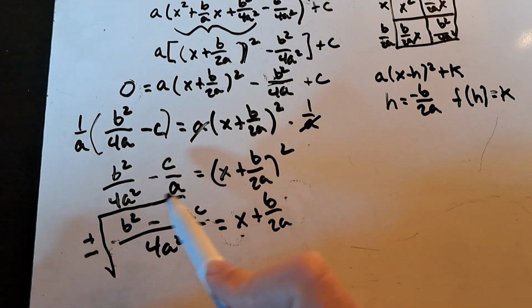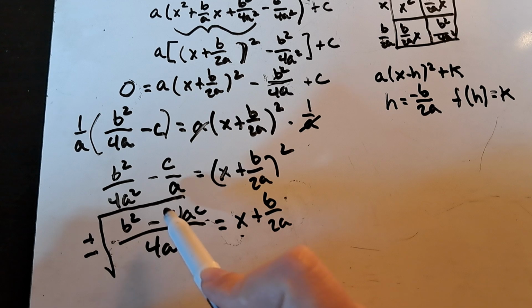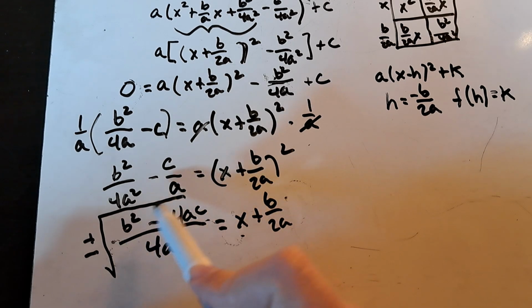And notice that when I'm taking the square root over division, there's a property that says I can take the square root of the top divided by the square root of the bottom. Well, for the square root of the top, remember, I cannot simplify over subtraction or addition with a square root.